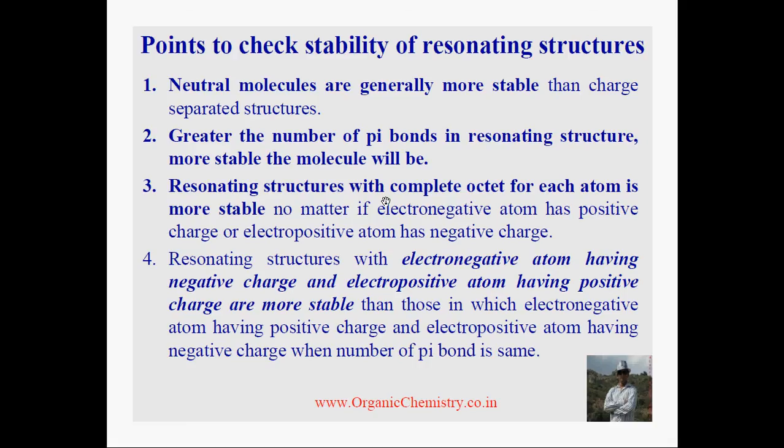This is important. A resonating structure with a complete octet for each atom is more stable, no matter if an electronegative atom has a positive charge or a positive atom has a negative charge. Resonating structures with an electronegative atom having a negative charge and an electropositive atom having a positive charge are more stable than those in which the electronegative atom has a positive charge and the electropositive atom has a negative charge.